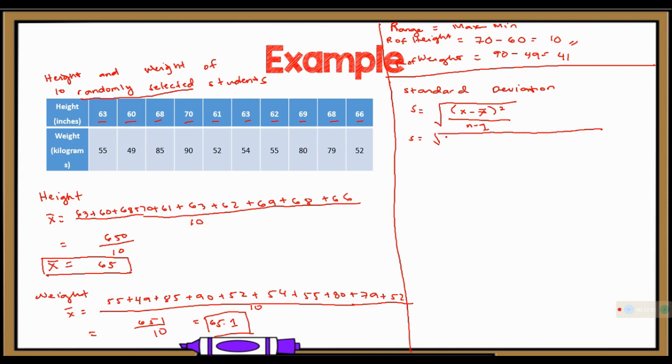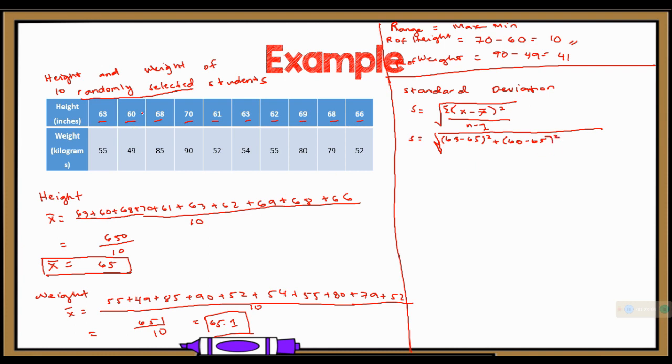Okay. We have 63 minus our mean. Our mean here is 65. So, 63 minus 65. Tapos, i-square mo siya. Plus, summation siya eh. Yan, summation. Plus 60 minus 65, and then their difference will be again squared.